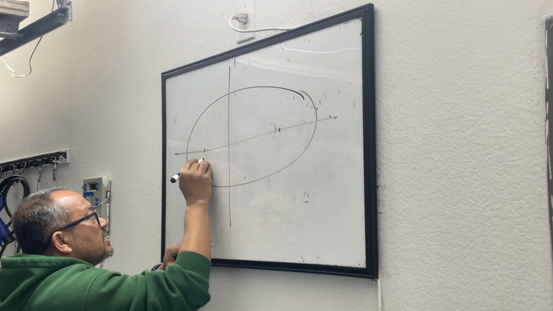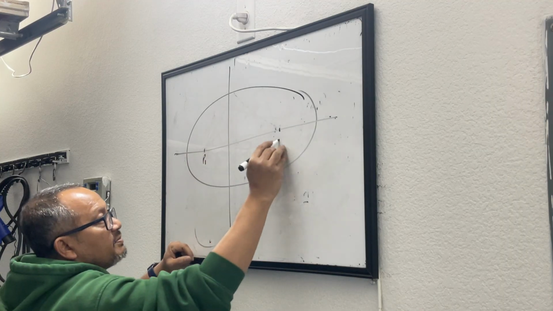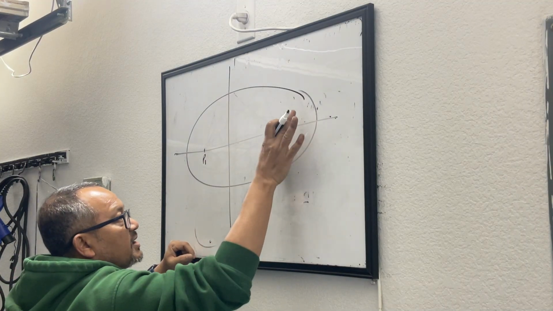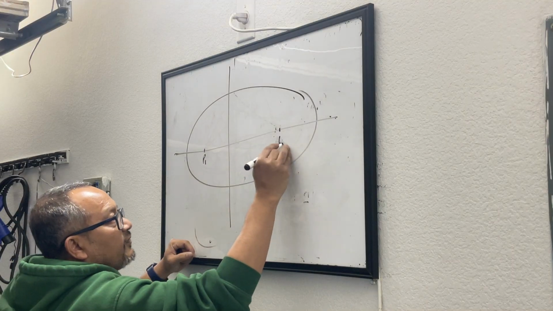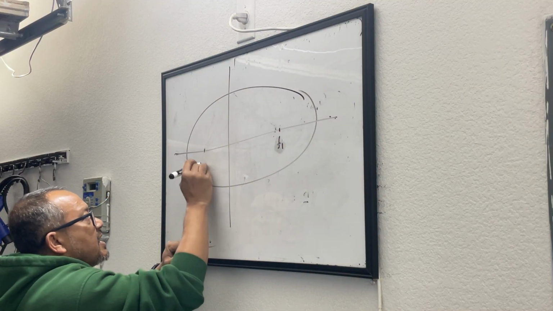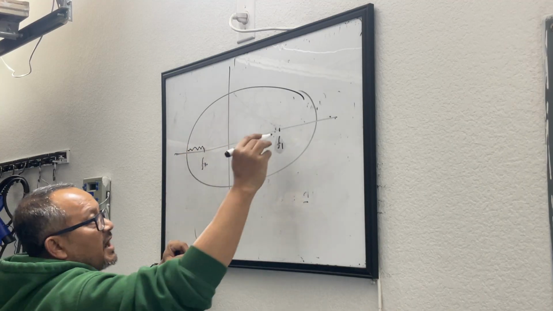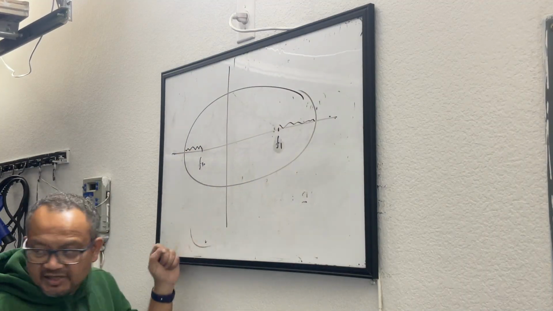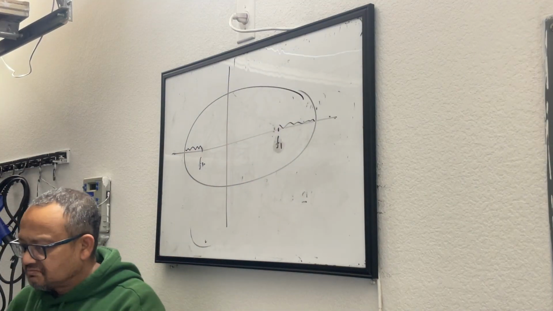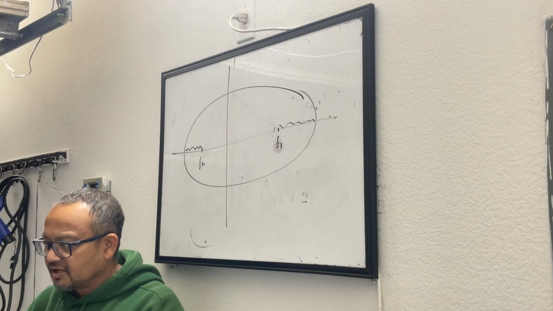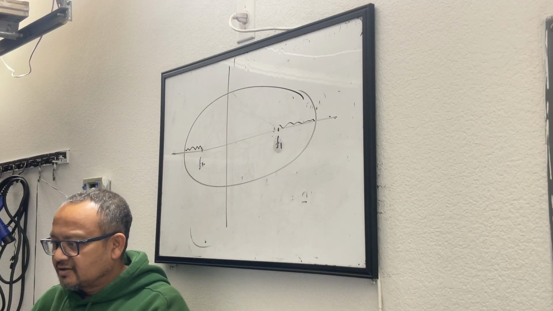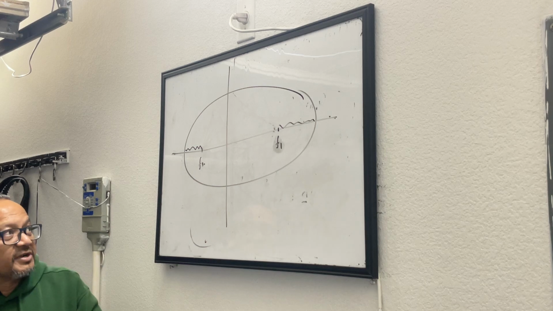Let's say this is F1 and F2, okay? By definition it says the distance from here to here and here to here is same. That's the basic property. Is that okay to start with? So that is given. We are not going to try proving that.